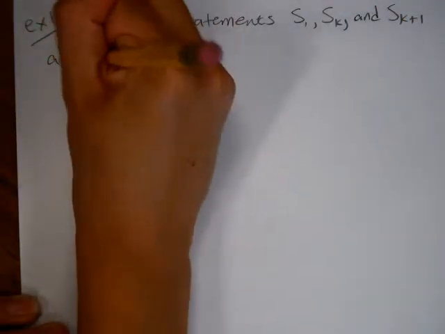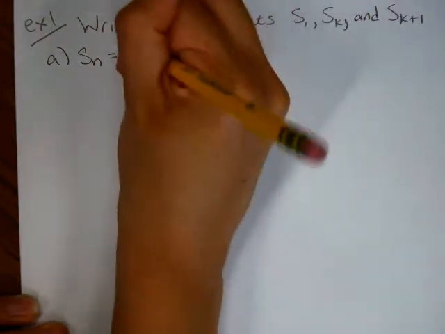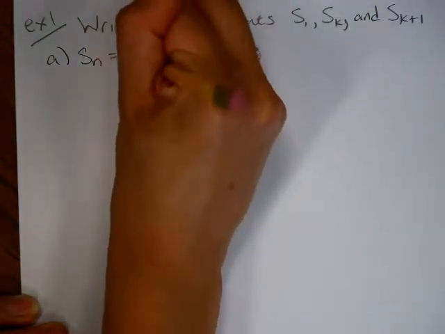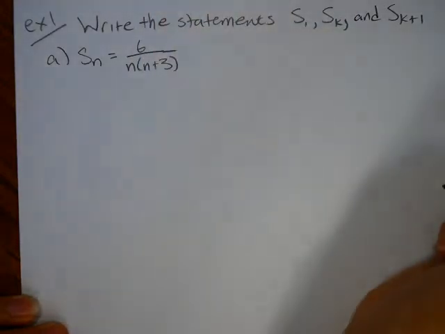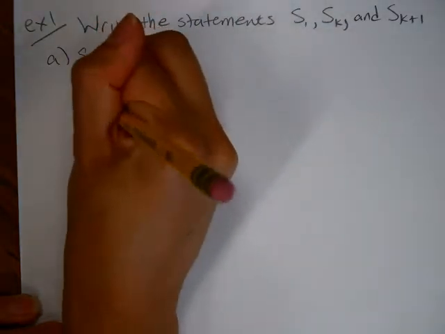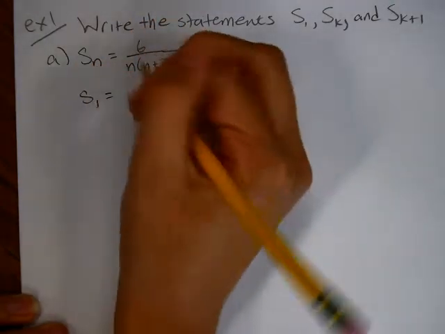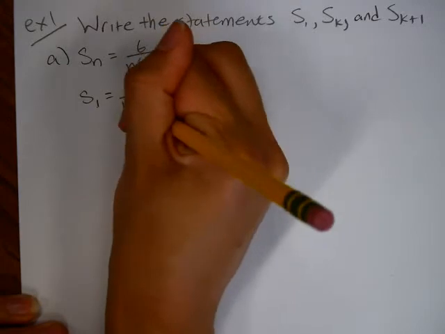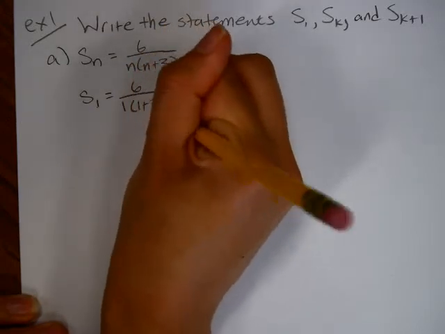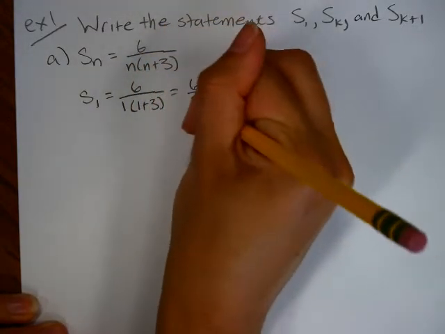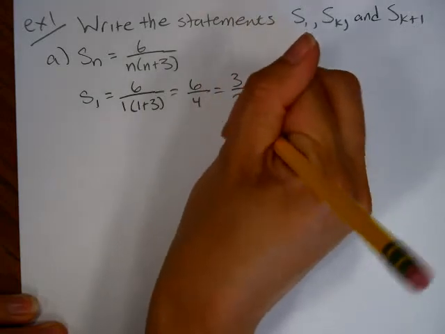So first, let's take S sub n equals 6 over n times n plus 3. So S1, well, let's see, we're just plugging 1 in for n. So 6 over 1 times 1 plus 3 is 6 over 4, which is 3 over 2.